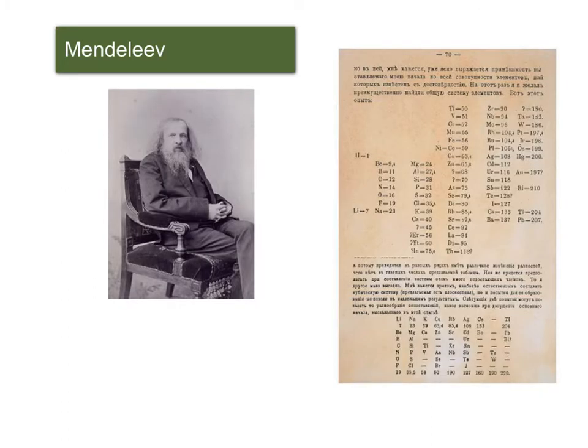All right, and then the last chemist I'm going to talk to you about today is Dmitry Mendeleev, and he was a Russian chemist, and he, along with a lot of other people at that time, was trying to organize the elements into some format that made sense rather than just being a random list of elements. At this time, many of the elements were known, and their atomic masses had been measured. And so he thought about ordering them by atomic mass, and he also thought about grouping them based on their reactivities, so the properties that they have in common and what things they react with or don't react with.